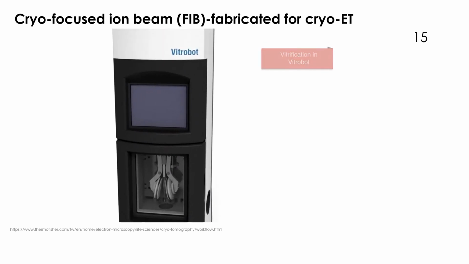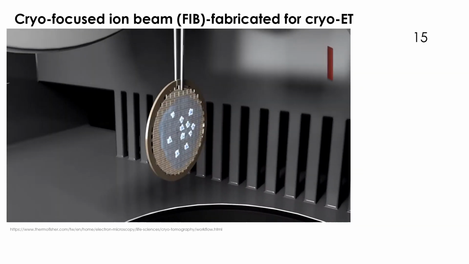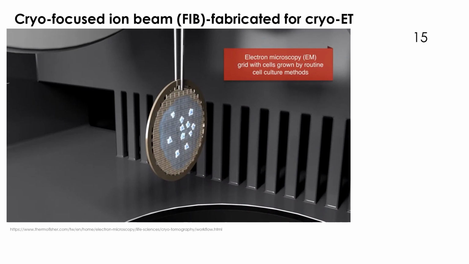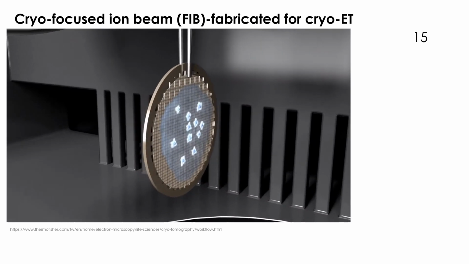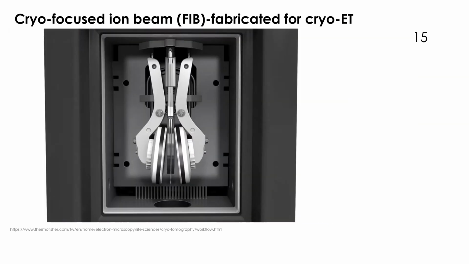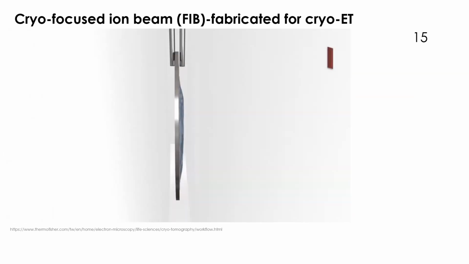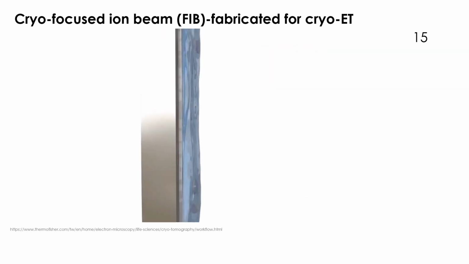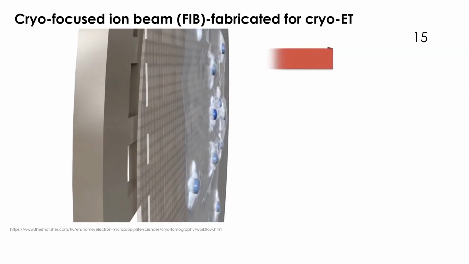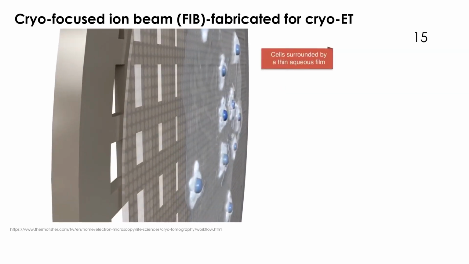Vitrification cools the sample so fast that water molecules do not have time to crystallize, avoiding damage caused by the formation of crystals at slower freezing rates. To achieve the rapid cooldown of the sample, a thin film of liquid is required. For this purpose, the Vitrobot automatically removes excess buffer by blotting the grids.